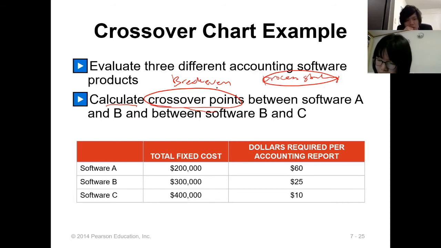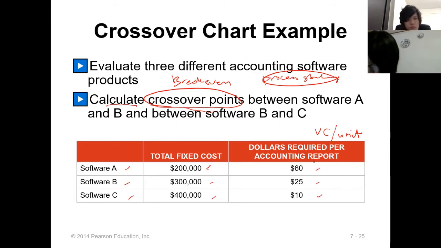So we have three options: A, B, C. If we use A, this is the fixed cost, and this is the variable cost per unit. The fixed cost is fixed, no matter how much you produce. Then you have B and C, with different fixed costs and different variable costs.